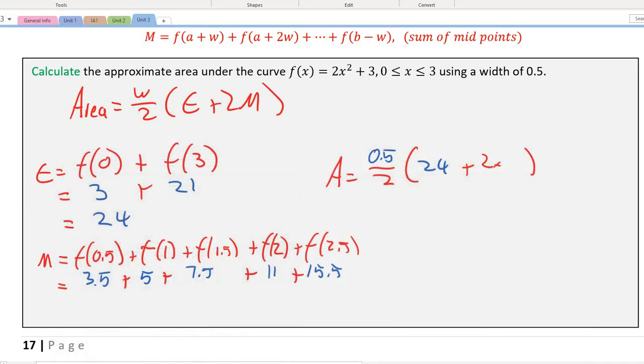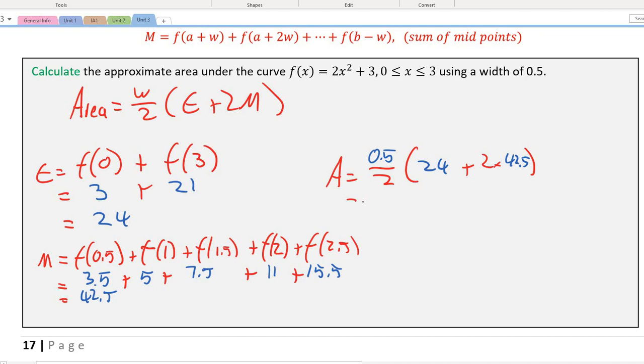Yep, that's right. So now we just got to solve that. 3.5 plus 5 is 8.5, plus 7.5 is 16, plus 11 is 27, and 27 plus 15.5 is 42.5.